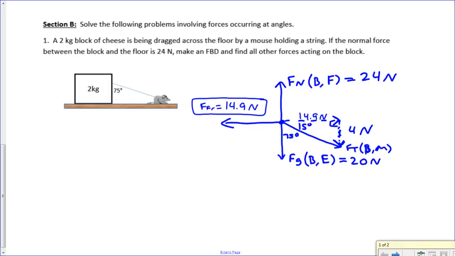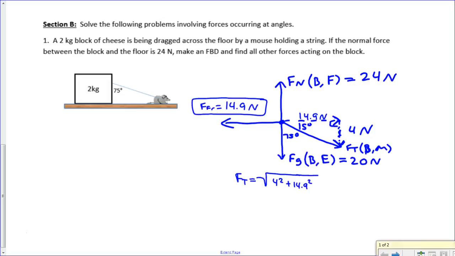The overall tension force, if we want to find that, we've got 2 legs of that tension force, so using the Pythagorean theorem, it's the square root of 4 squared plus 14.9 squared, or you could use some trigonometry on this.